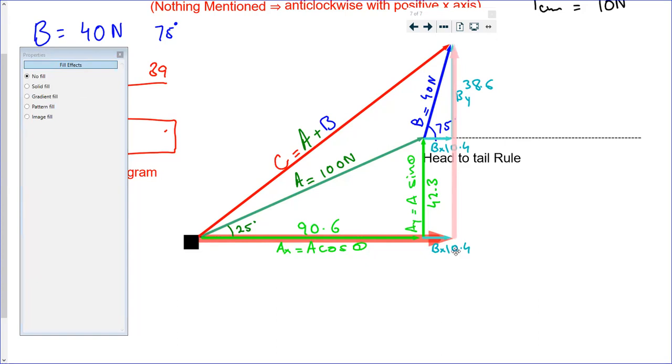The green part is 90.6. The blue part is 10.4. So what's the total length of the red thing? Really?